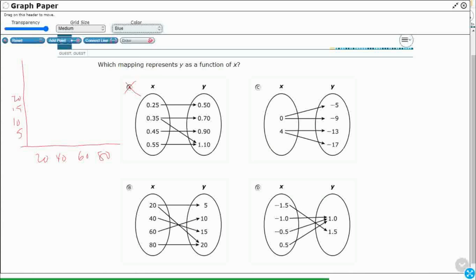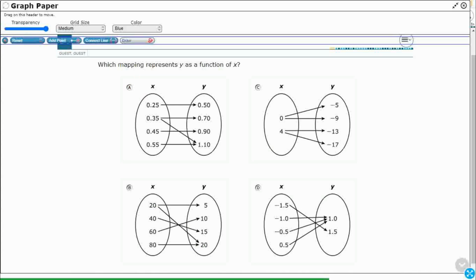It's going to go to both 5, and look, it goes down to 20 as well. So we've already busted our vertical line rule. 40 goes to 15. And then 60 goes to 10, so that would actually go right there. So it would kind of go like this, but it busts our vertical line rule. So that doesn't work.